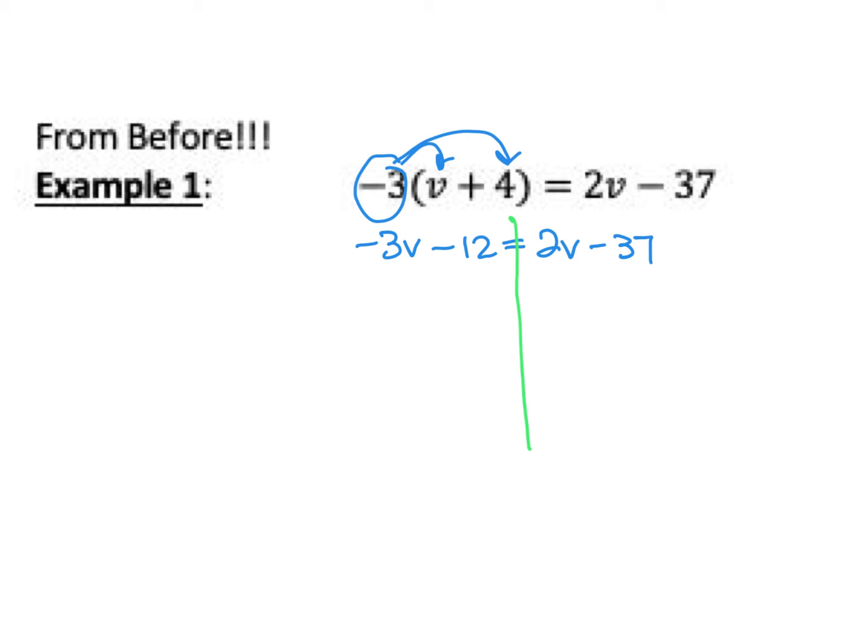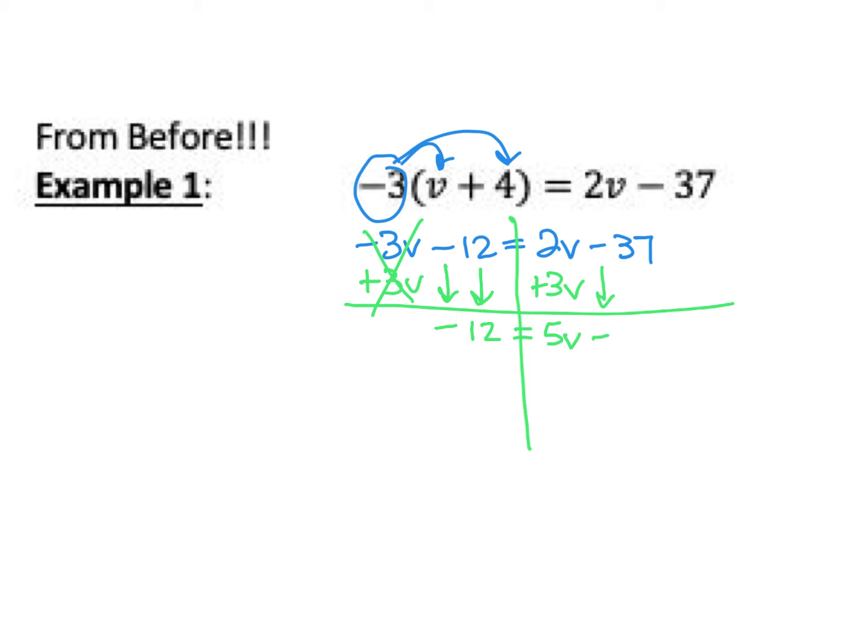So I need to add 3V to both sides. So add 3V, again, to both sides of the equation, make sure that is a balanced equation. So the negative 3V and positive 3V go away. We're going to bring down the negative 12. 2V plus 3V is 5V.